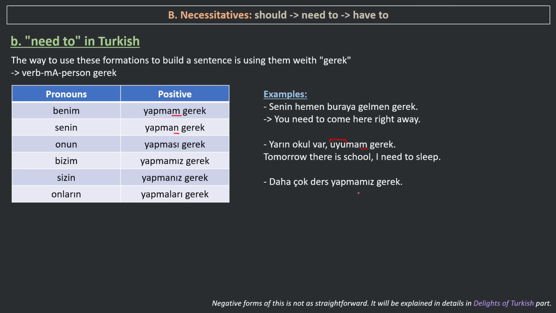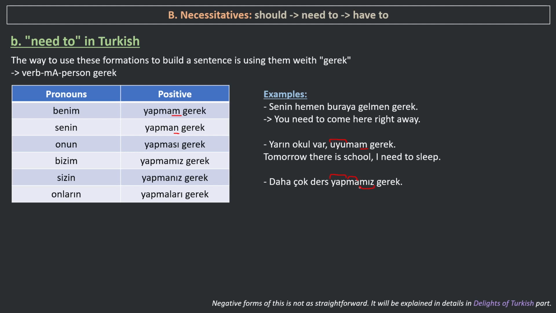And the final example, daha çok ders yapmamız gerek. First, the first step is always identifying the roots of the verb. In this last example, yap is the root, and it means to do or to make. And then we have this ma here for the verbal noun, like doing, and this here, the personal ending.